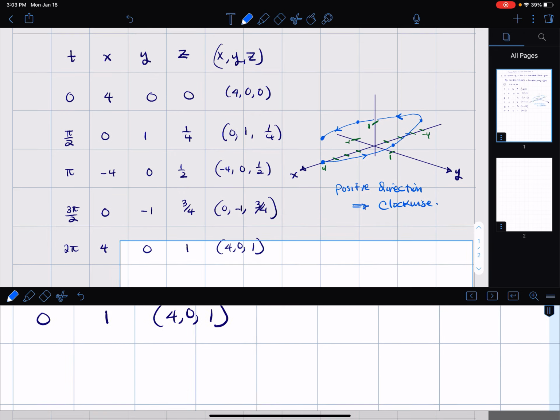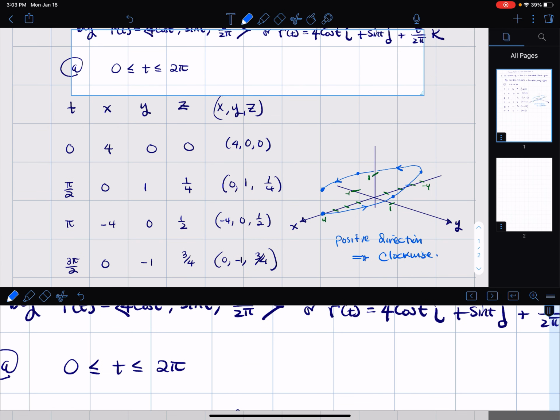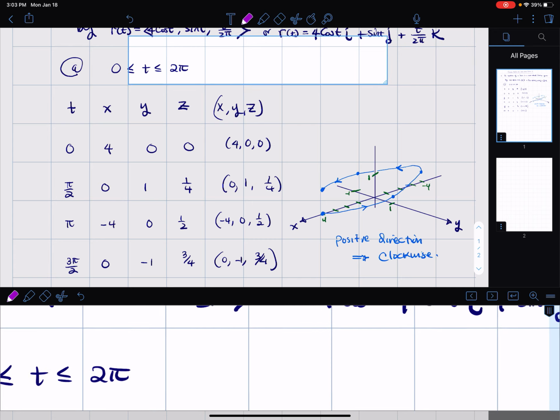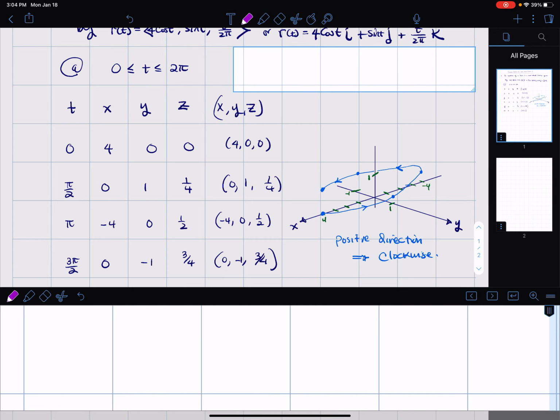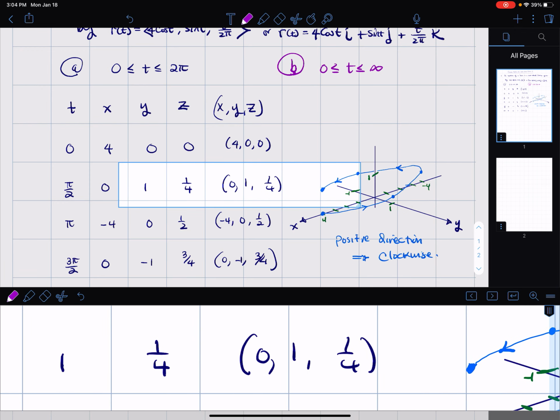Okay. Now, remember, we're going from just 0 to 2 pi. Assuming we want to go from 0 to infinity, then we're just going to continue our helix.